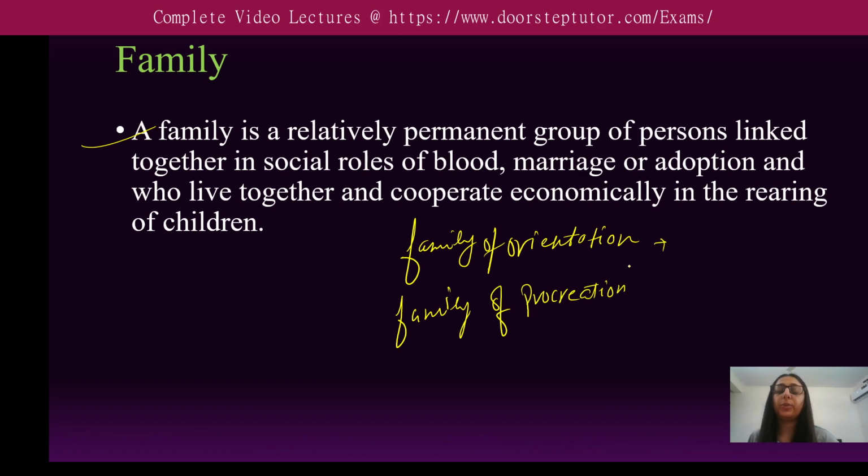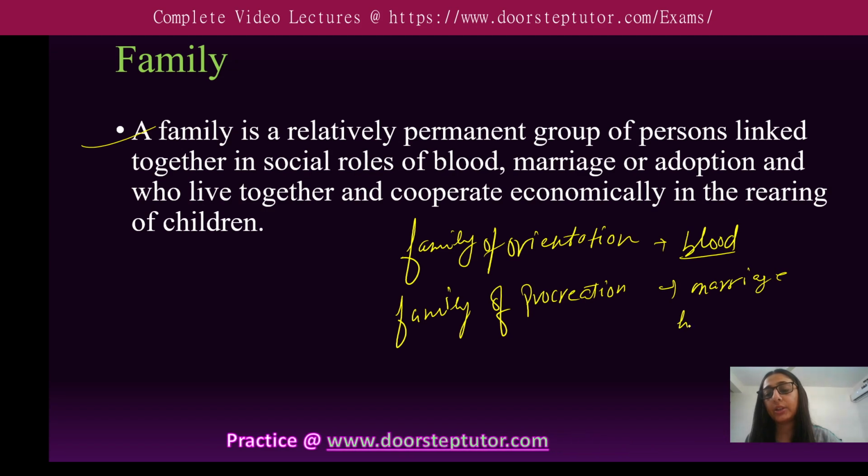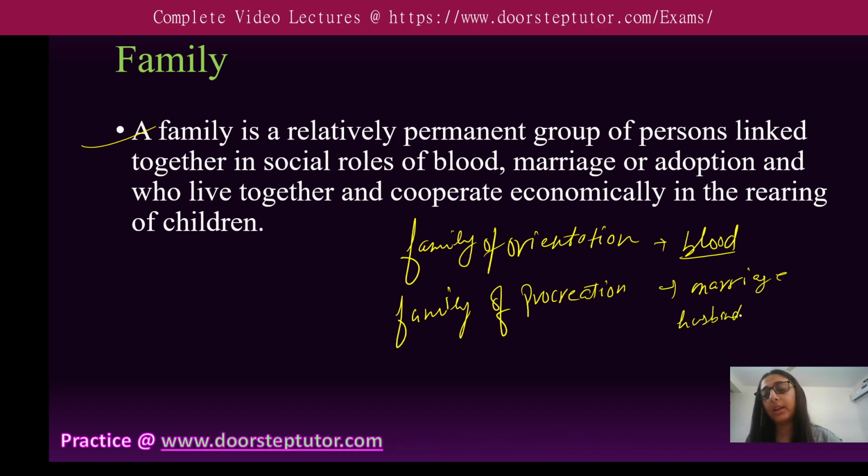The family of orientation is by blood, the relationship between the parents and children, and the family of procreation is through marriage, the family of husband and wife.